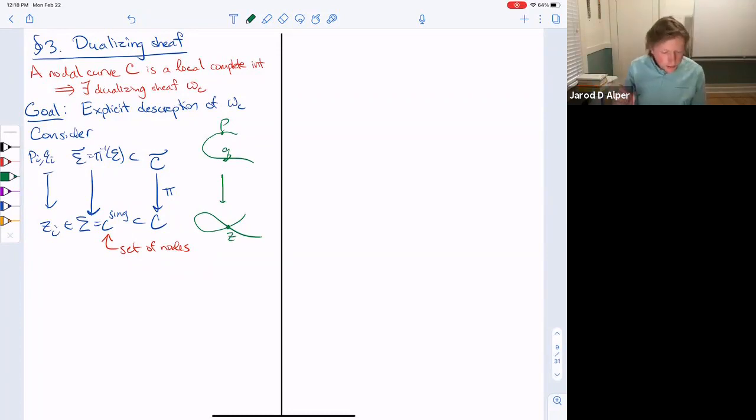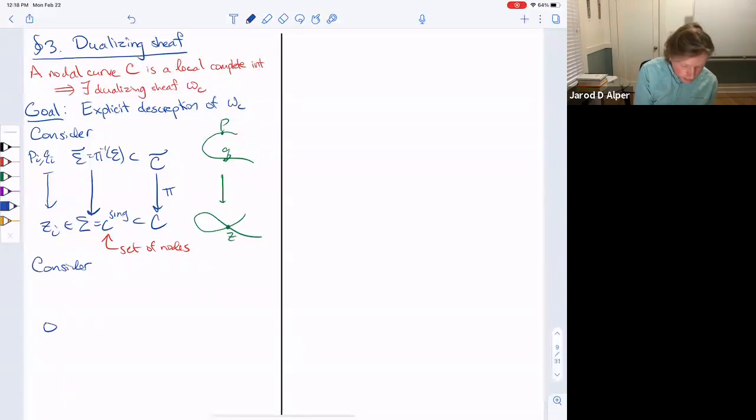And so we're going to define the omega C using the sheaf of differentials on the normalization. Let's consider this exact sequence. I have the sheaf of differentials on the normalization, and I could also twist that by the divisor sigma tilde.